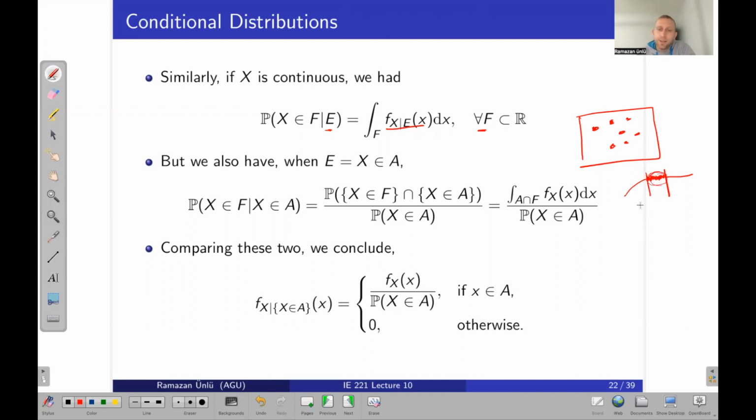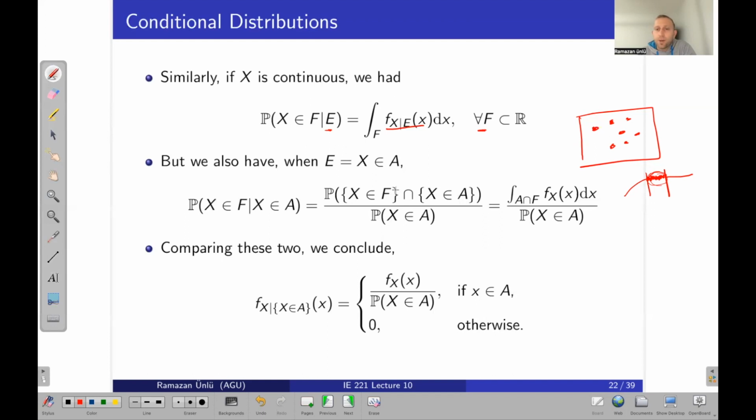In this case, the work will be much simpler. What I need to calculate is the probability of x in F, given that x is in A, which is equal to the probability of the intersection of these two events divided by the probability of the conditioned event, which is the probability of x in A. I know how to calculate the intersection.